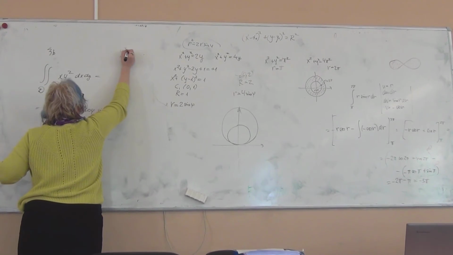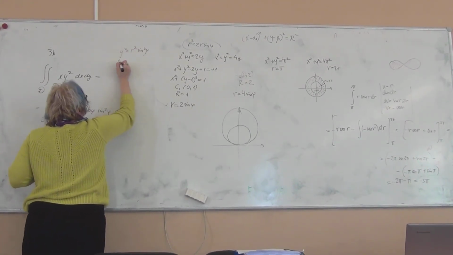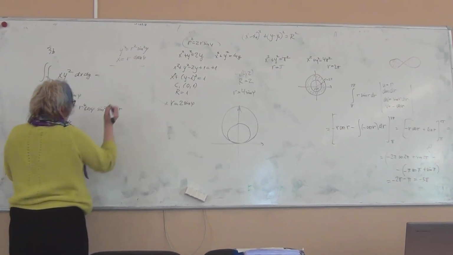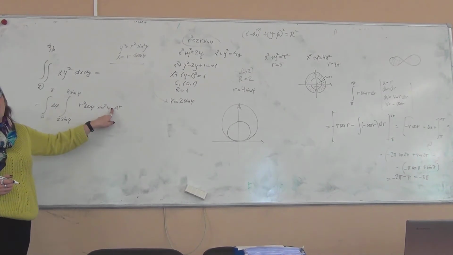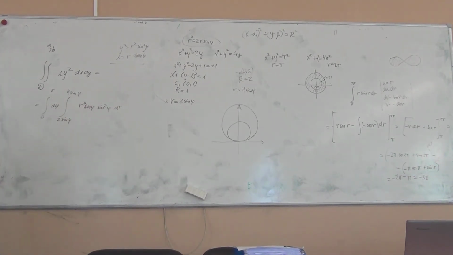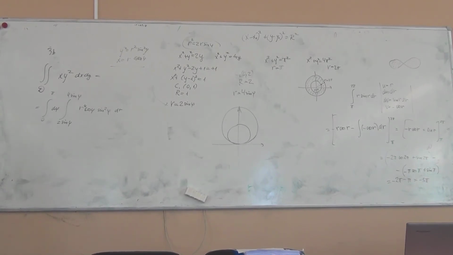Because y squared is r squared sine squared phi, x is r cosine phi, and we still have one extra r from the differential. So the function looks like this, and now we have to integrate it. It will be sine to the 7th power in the end.